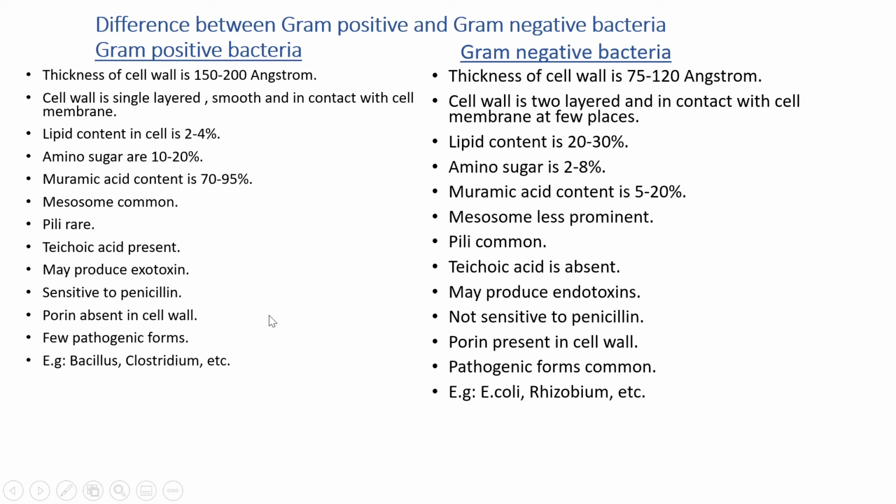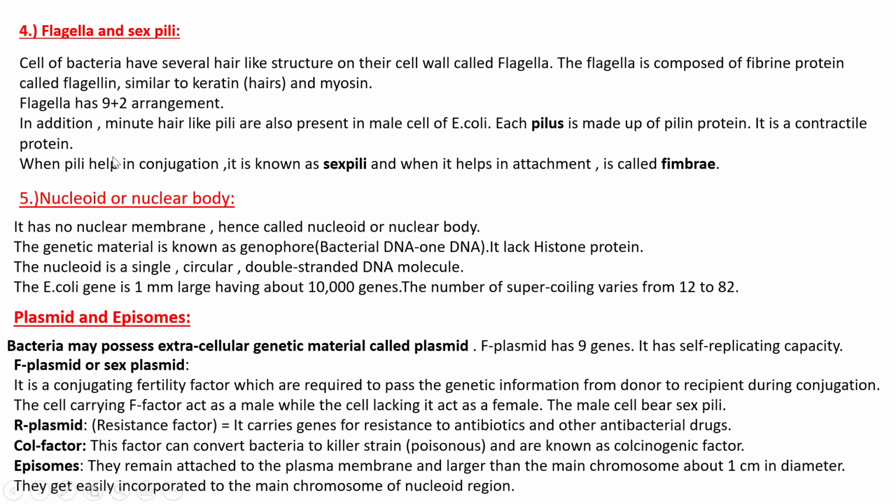There are few pathogenic forms found in gram-positive bacteria, for example, Bacillus and Clostridium and many others, but pathogenic forms are common in gram-negative bacteria, for example, E. coli, Rhizobium, etc.